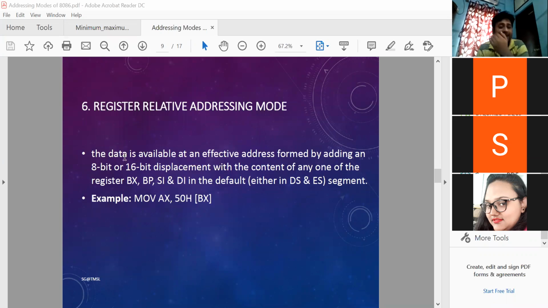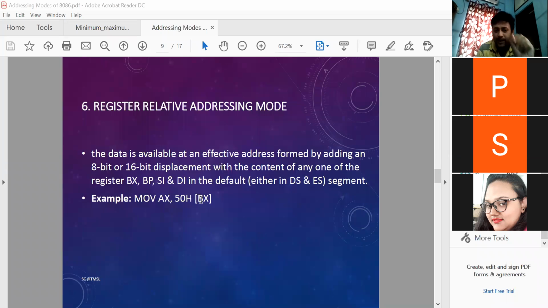In this case, what will be the physical address if the DS segment is used? Suppose DS is 3000, BX is equal to 1000. Everyone must write this down; it's very important for this example also.